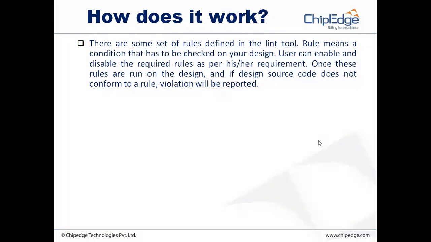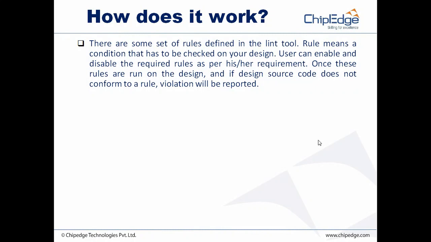Okay, once the rules are run on the design, if the design source code does not conform to a rule, the violation will be reported. When you apply a rule on the design and it is not satisfying that particular rule, that rule will be violated.